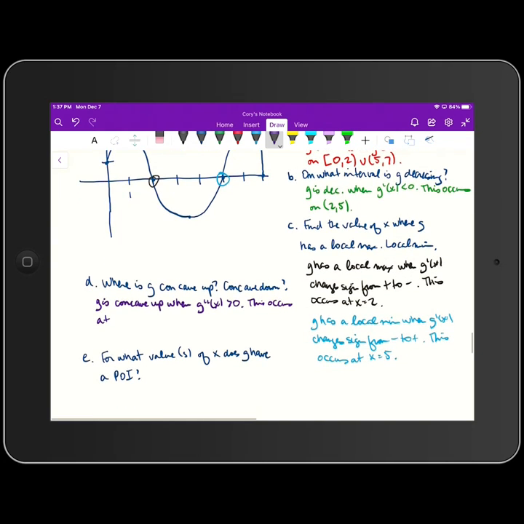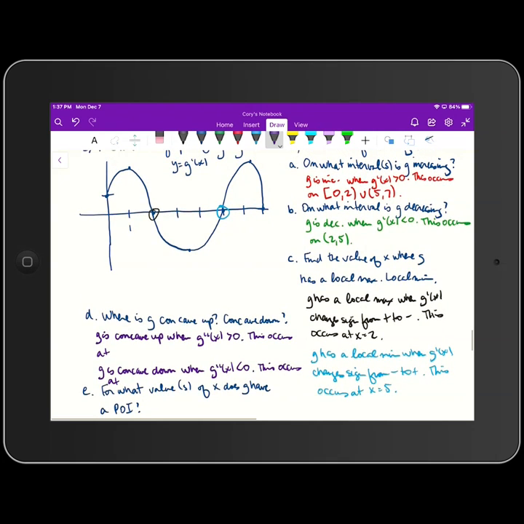And then G is concave down when G double prime of x is less than 0, and this occurs at, we'll figure that out in 1 second.